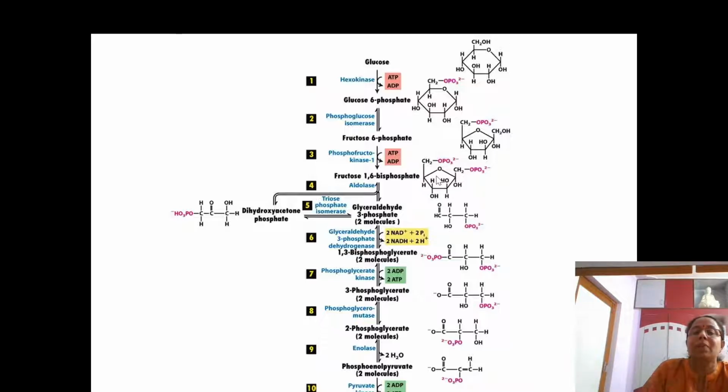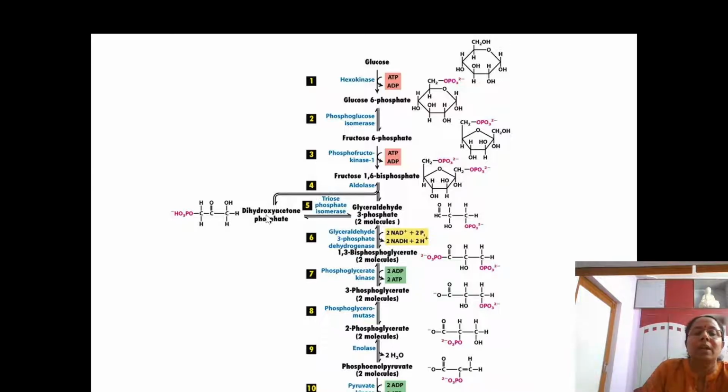In the next step of glycolysis, this fructose 1,6 bisphosphate is split up into 2 compounds. See, this is a 6 carbon compound. It is split up into 2 three-carbon compounds. Which are those 2 three-carbon compounds?